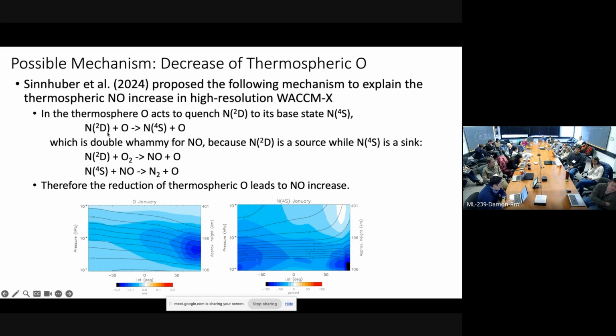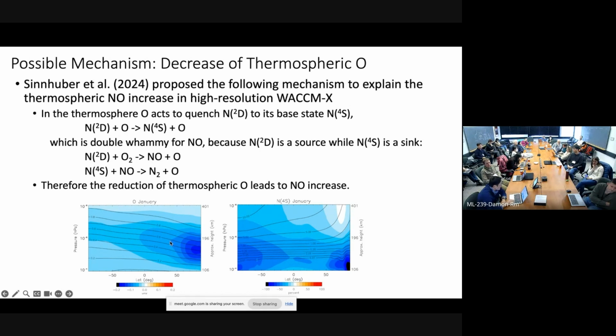And because with less O, or first of all, the atomic oxygen quenches the metastable N and produces more of the base state N(4S), and that's a double whammy for NOx, or NO, because N(2D) was a source for NO, and the base state N is a sink. So now with the reduction of O, you would expect to see an increase in nitric oxide.